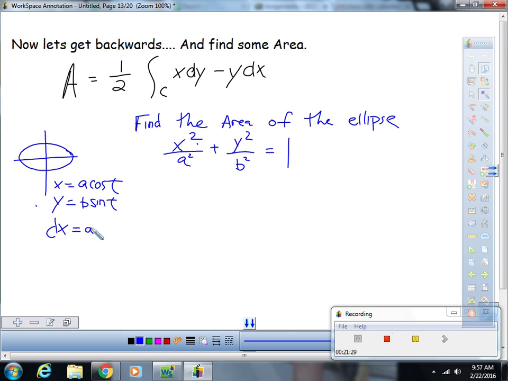Negative a sine t. And dy, positive b cosine t. Did I get my signs right? Okay, so now, look, this becomes kind of easy. Yes, dt on both of those. Thank you. Important. Okay?